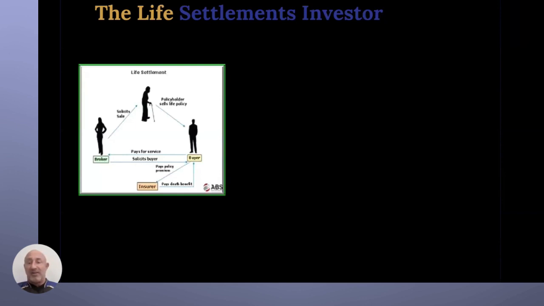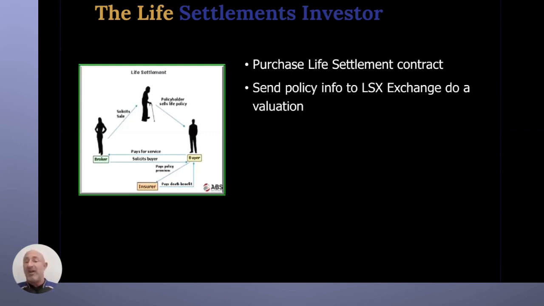Life settlements is another investment vehicle that's out there. A lot of self-directed IRA custodians won't allow you to invest in a life settlement contract because it could be considered an insurance purchase, but some do. So you can purchase a life settlement contract, and you can send the policy out to a valuation service. There's one called LSX Exchange.